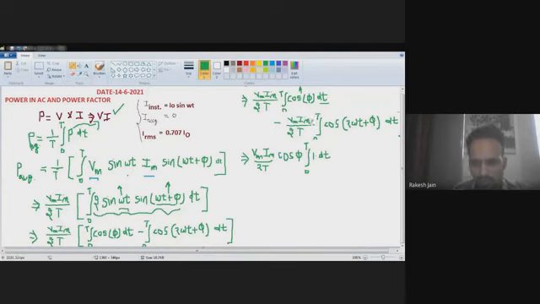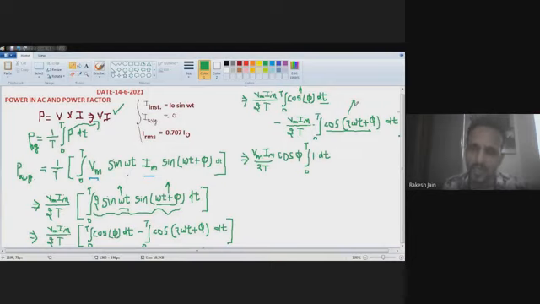Now, remember for the second term with this minus, there is an integration of cos(2 omega t plus phi). As we have already seen in the average value calculation, which we proved for AC in previous lectures, the average value of AC current is equal to 0.